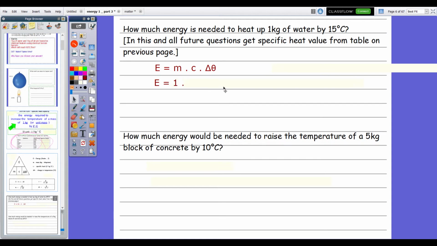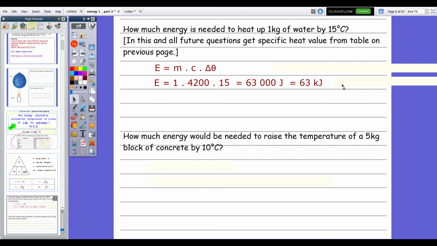What's the specific heat of water? 4,200. You get it from the table. And the temperature change tells in the question it's 15. Let's put those numbers together. And we get 63,000 joules. If you want to, 63 kilojoules will do just fine, but either of those formats is absolutely fine.